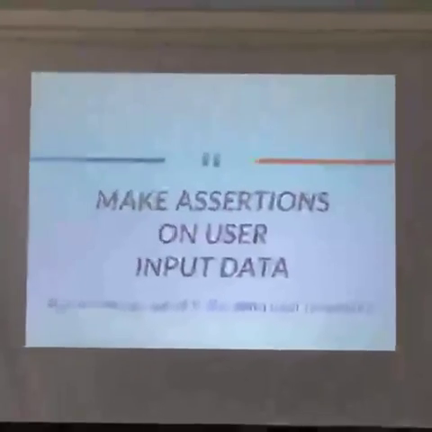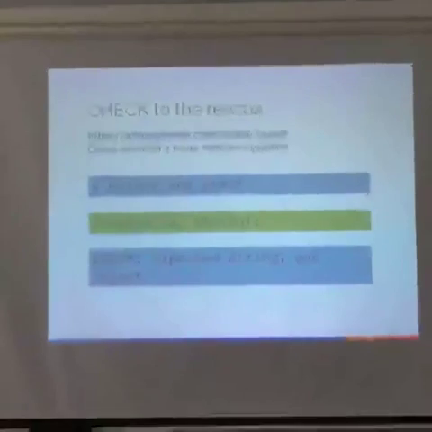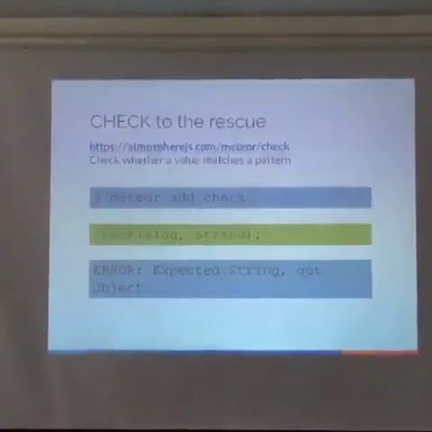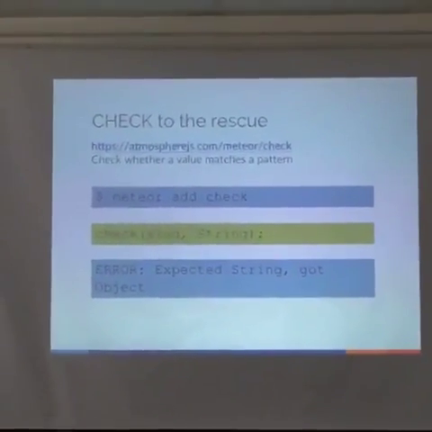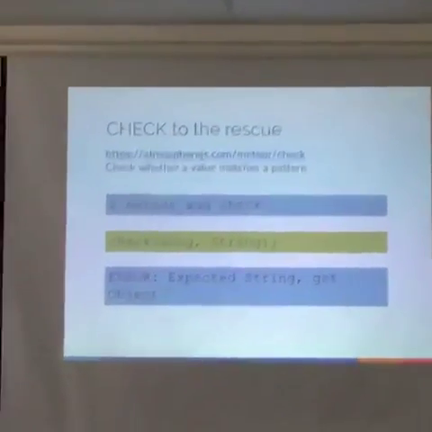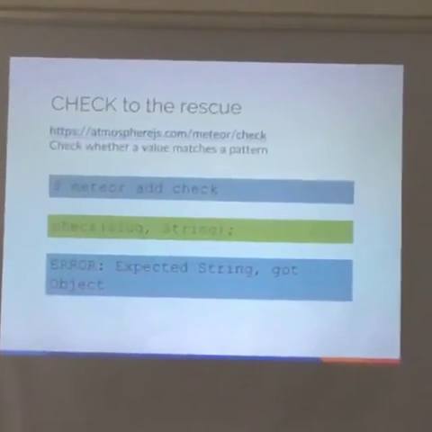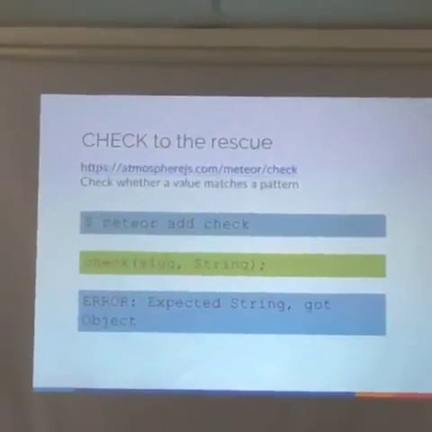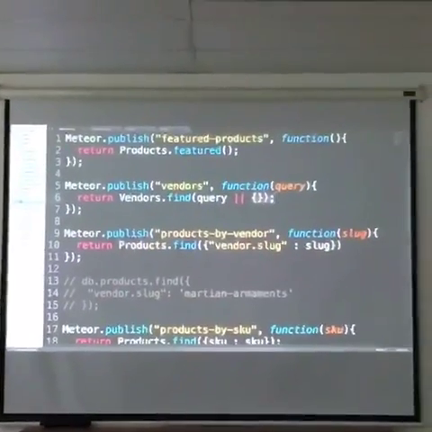So in the scope of Meteor, we have a useful package called check. You guys might be familiar with this package. With this package we can check whether a value matches a pattern, and we are going to use this package for every method and publication function where we need to validate user input. For example, I'm going to go back to the publication example here.